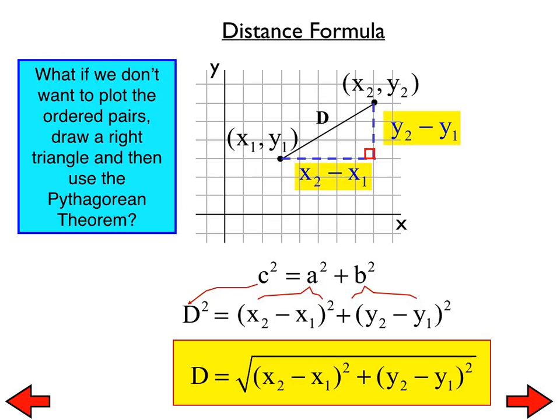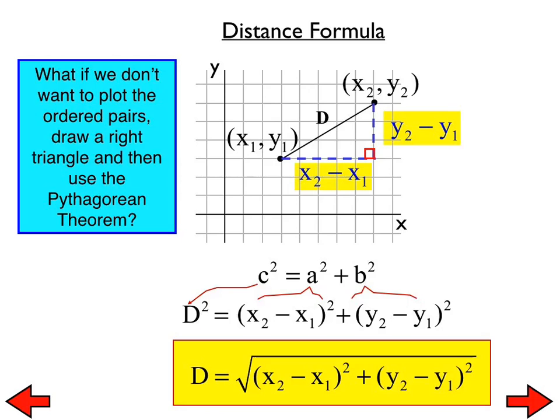And while you're copying that down, much like the slope, x sub 2 represents the second x in our ordered pairs. The x sub 1 represents the first x in our ordered pairs. The y sub 2 represents the second y of our ordered pairs, or the y in the second ordered pair, and y sub 1 is the first y, or the y in the first ordered pair.